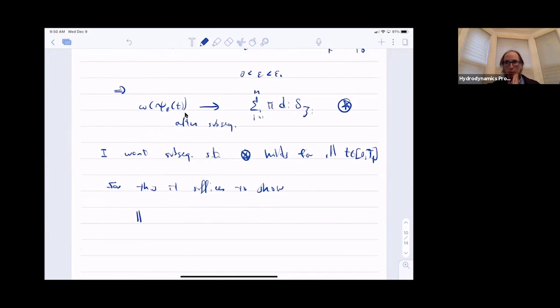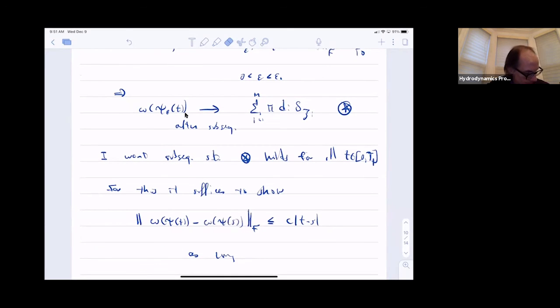Let's say this: as long as the vortices remain close to their initial locations, then in fact they move with a bounded velocity.